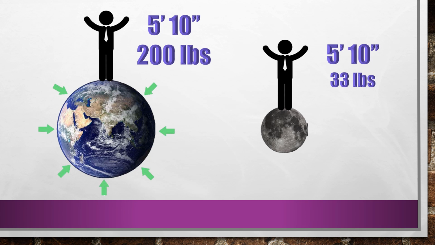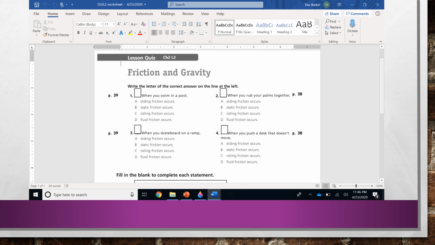No, I'm still 5'10". But on the moon, because it's a much smaller object and it spins slower in its rotation, I only weigh 33 pounds. Right? So there's a huge difference when it comes to the size of an object and how it affects the gravitational pull on the same object. The mass will stay the same. However, the weight, the measurement of gravitational pull, is going to change.